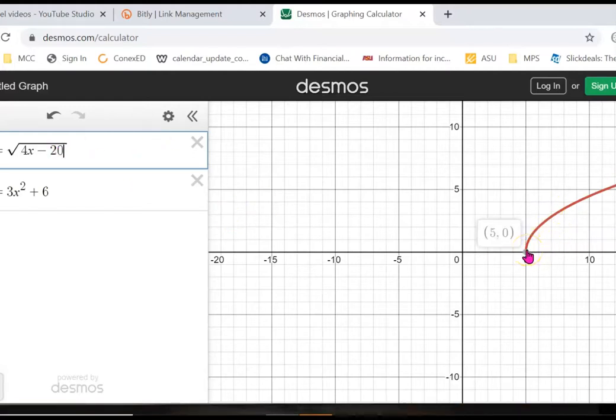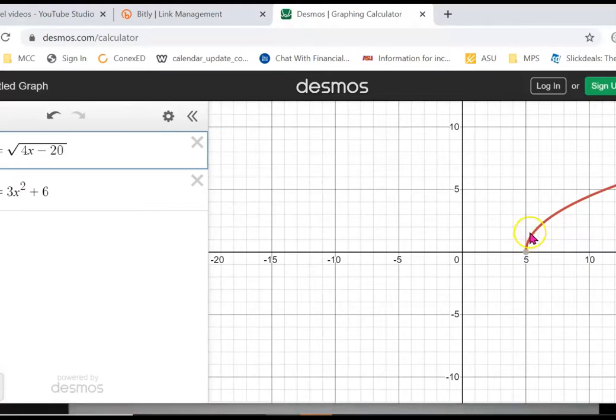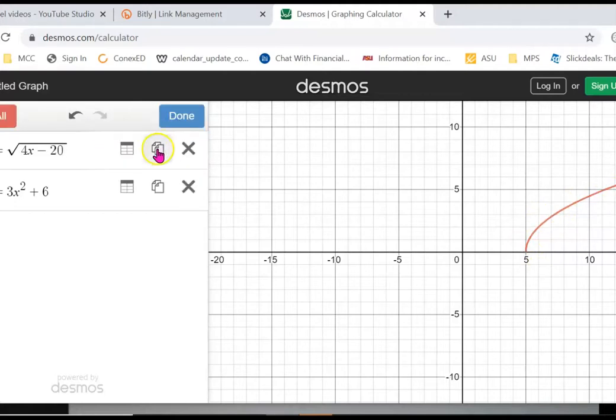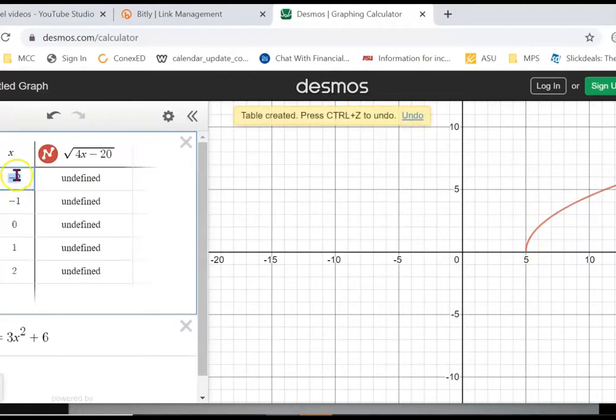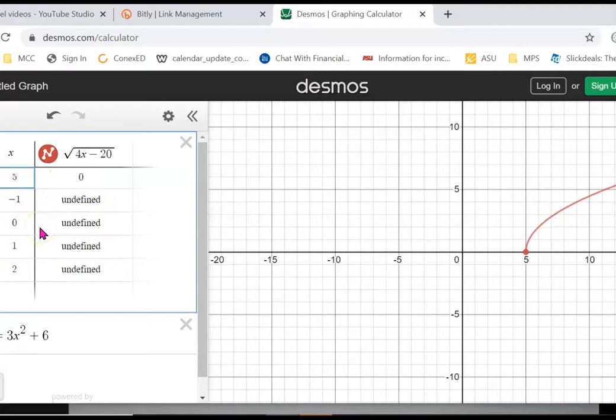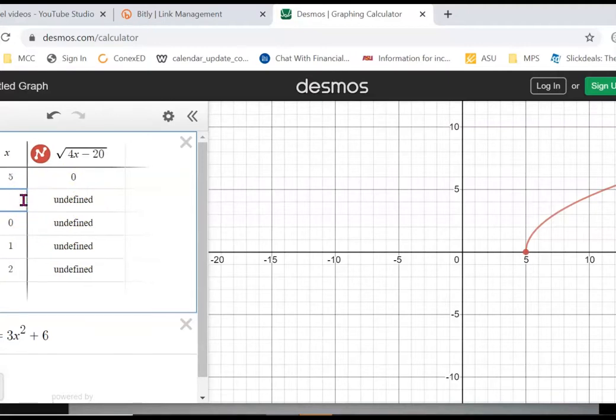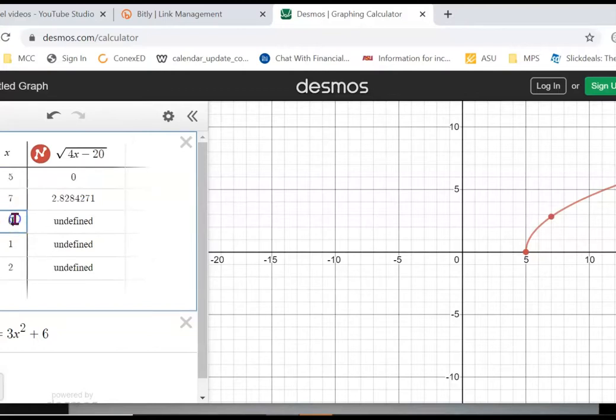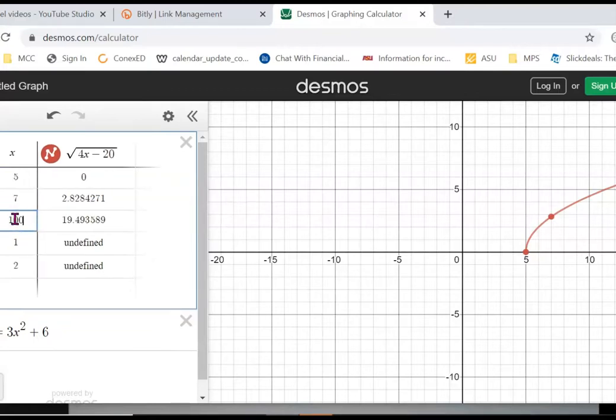Notice our answer was 5 and anything greater. So x can be 5 and then anything greater. If I ask for a table here, you can see when the numbers are not greater than 5, it says undefined. But if we plug in 5, we get an answer. Anything greater than 5, for example, 7 has an answer. 100 has an answer. So x can be anything greater than 5.